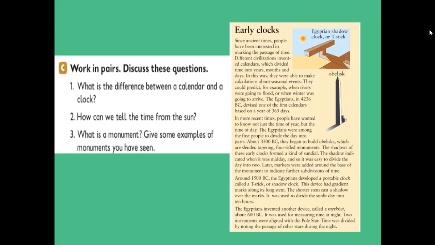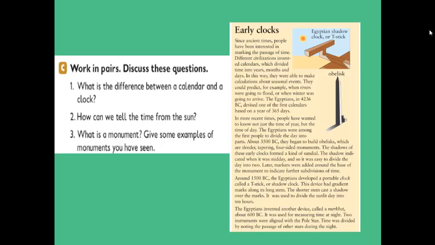They could predict, for example, when rivers were going to flood or when winter was going to arrive. The Egyptians in 4236 BC devised one of the first calendars based on a year of 365 days.